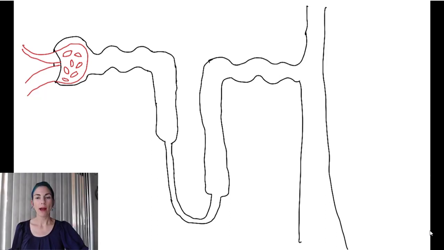Okay, so here I have drawn the various parts of the nephron. So now I'm going to type out the names of the various structures, and what we're going to do is try to match them to this drawing.